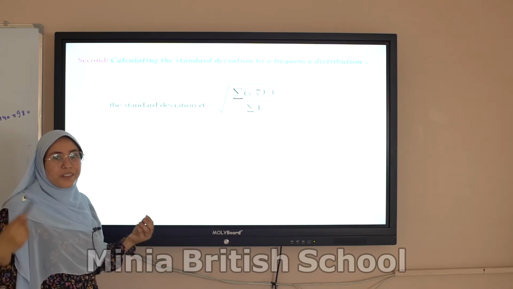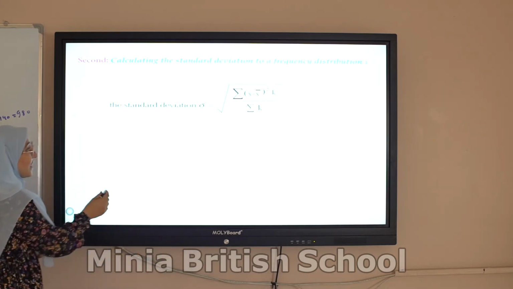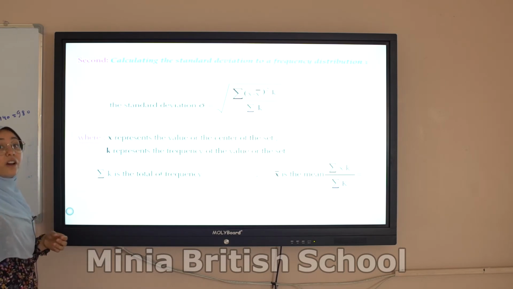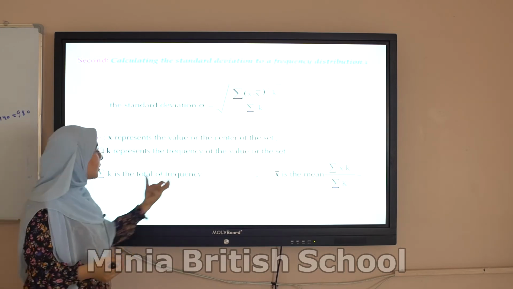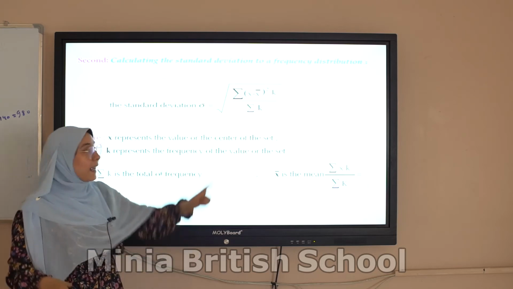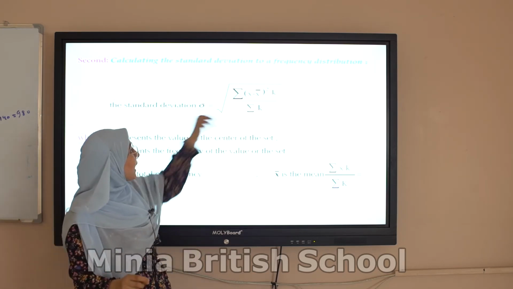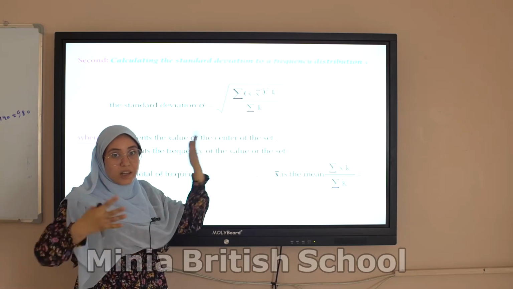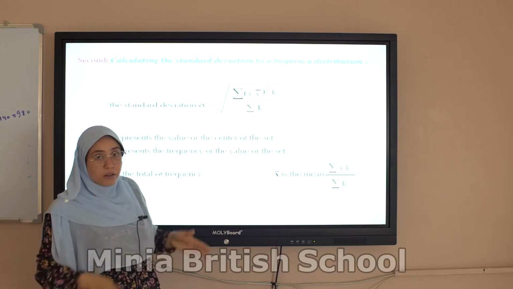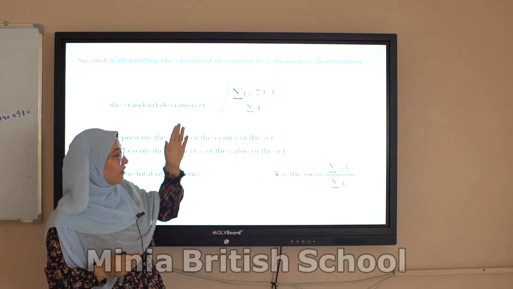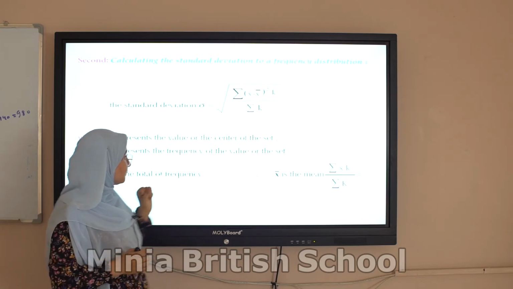What is the meaning of k here? K represents the frequency, x bar represents the mean, and x represents the values of the set.